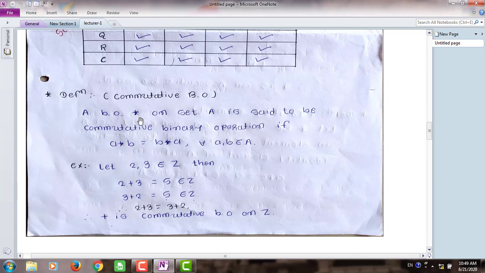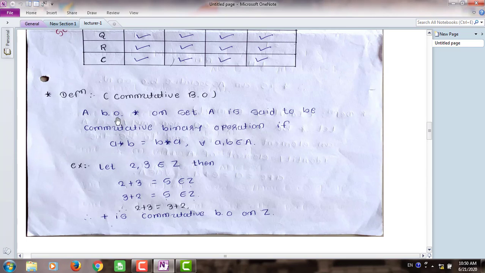A binary operation star on set A, which means star is a binary operation on set A, is said to be a commutative binary operation if A star B is equal to B star A, where every A, B belongs to set A. If these conditions are satisfied for the binary operation star, then star is a commutative binary operation.